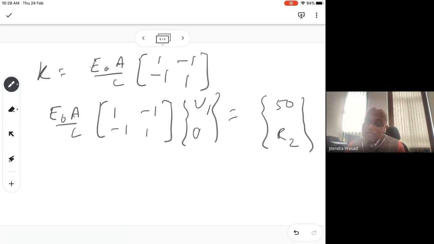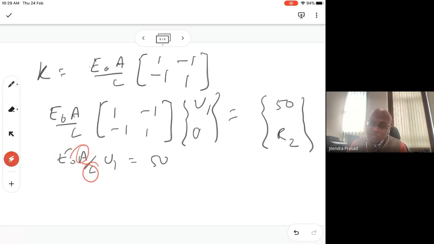And you solve for it, and what you will get is E naught A over L U1 is equal to 50. Yeah, and then you know everything, you can find out U1, and the other things can be found out.